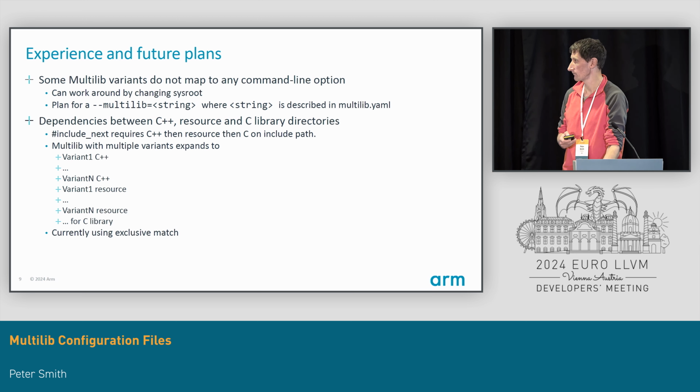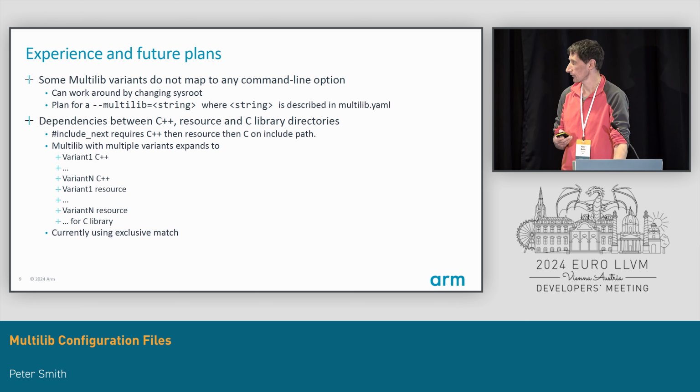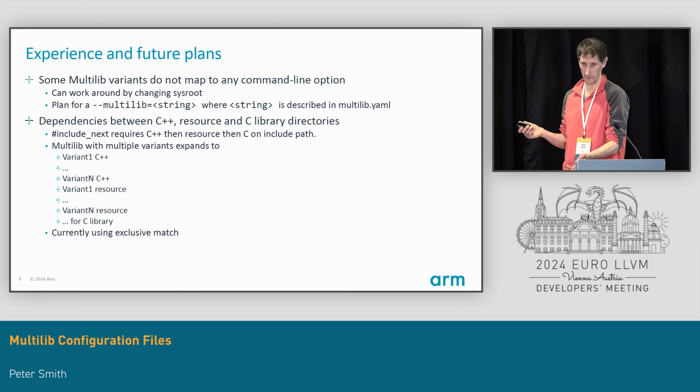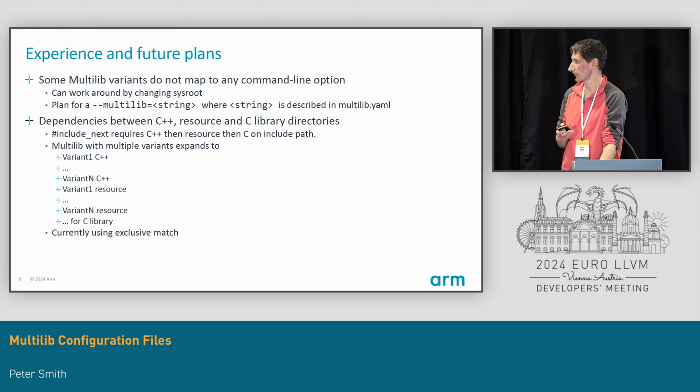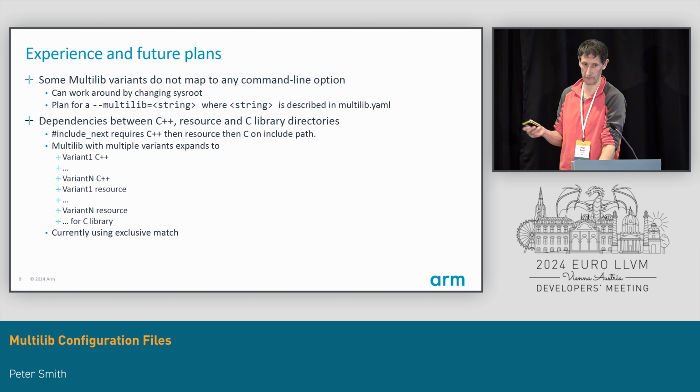Okay, so some experience with what we've done so far. The biggest restriction we found is where you want to select a multilib based on something that isn't a command line option. So say for example, you've got threads or no threads. Well, there's no Clang driver option for selecting that. So ideally we would want something where we can describe something like a multilib equals string, where we can define those strings in the configuration file to help things along there.